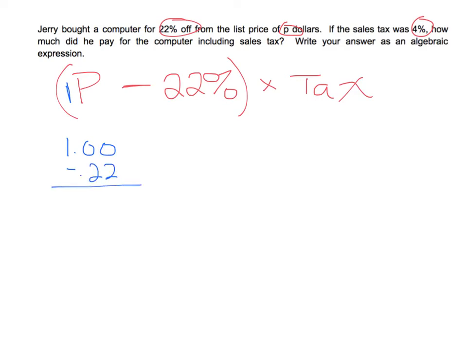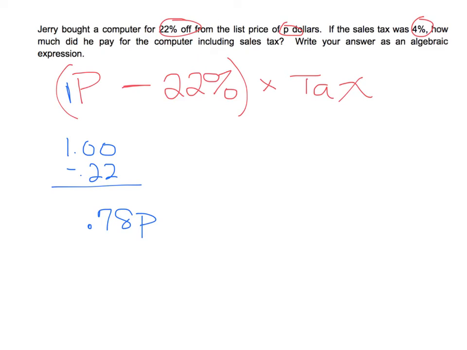So if you take the discount away, you are only actually paying 0.78 of the price. So in reality, you only have to pay 78% of the actual listed price.